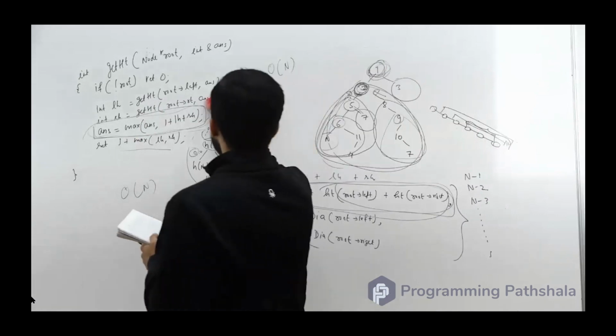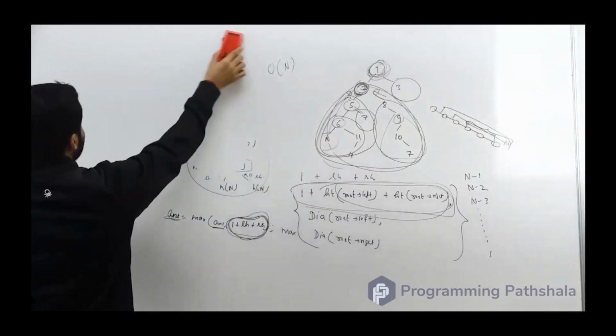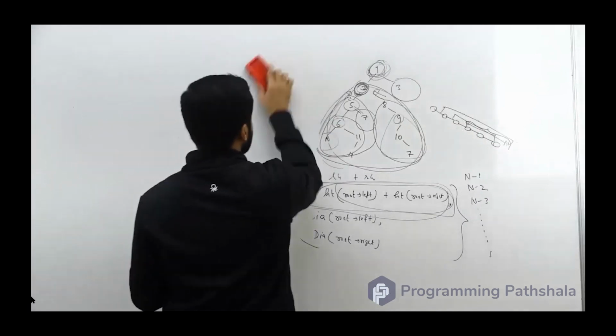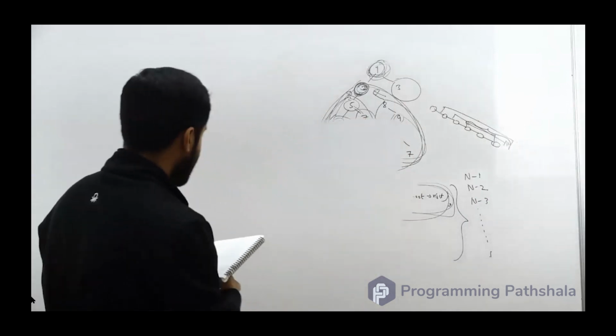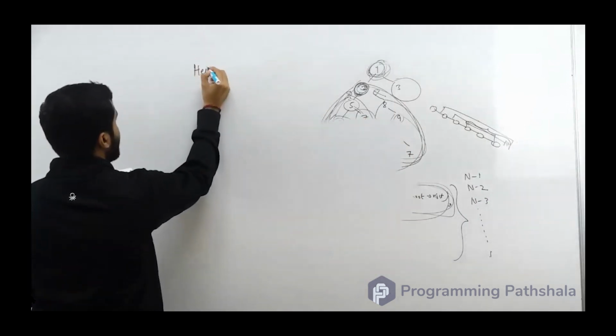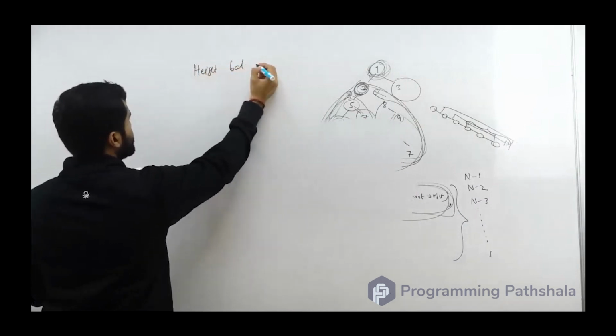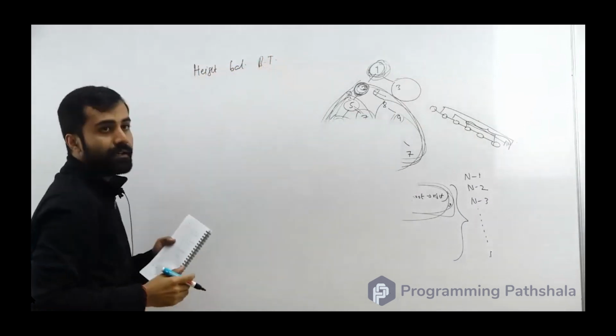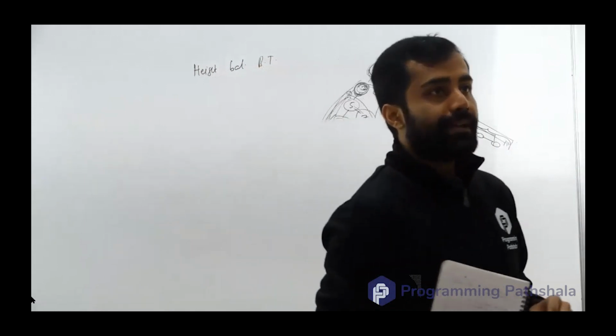So there is a very well-known category of binary tree, and that is called a height balanced binary tree. So what is a height balanced binary tree?